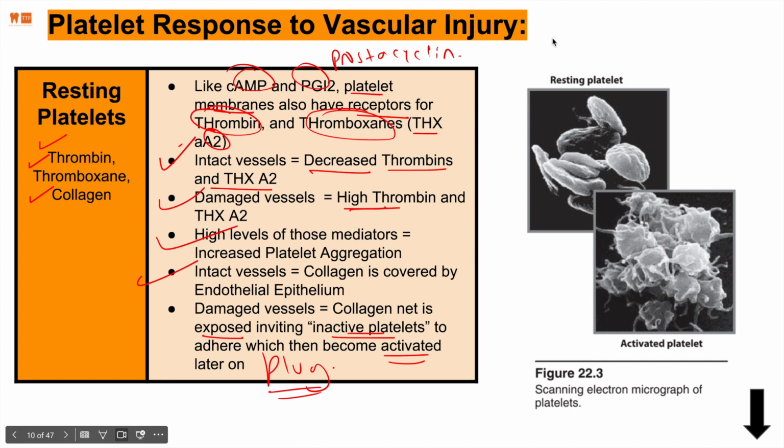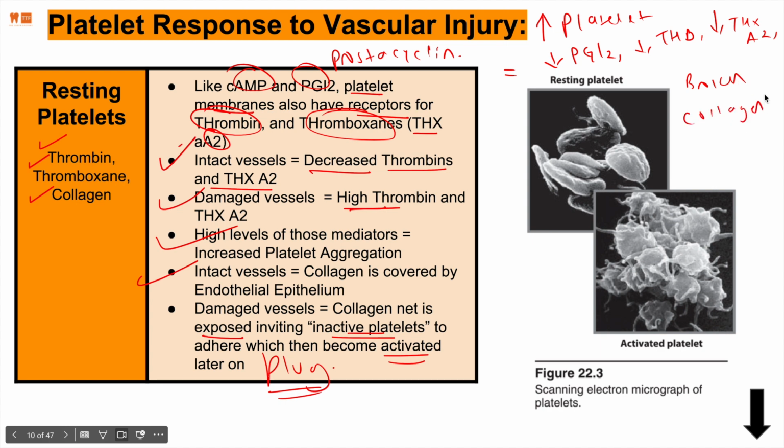So it is now safe to say that to increase platelet activity, you need the following. You need decreased prostacyclin, you need increased thrombin, you need increased thromboxane A2, and you need a broken collagen net. Fair enough? Okay.